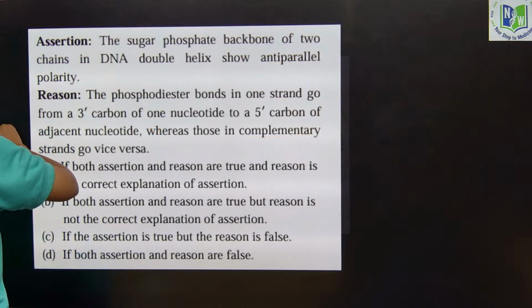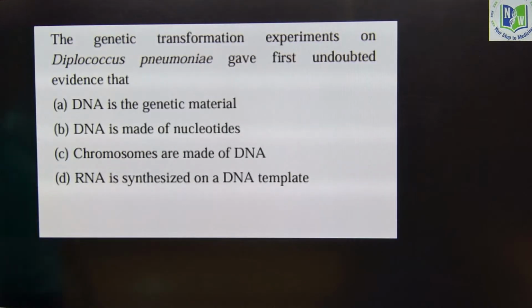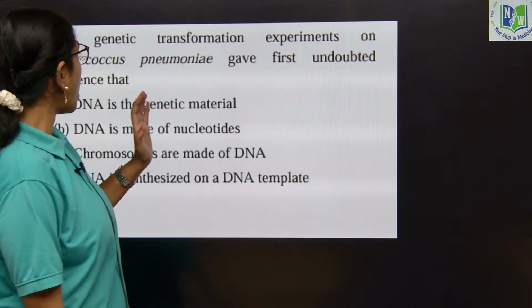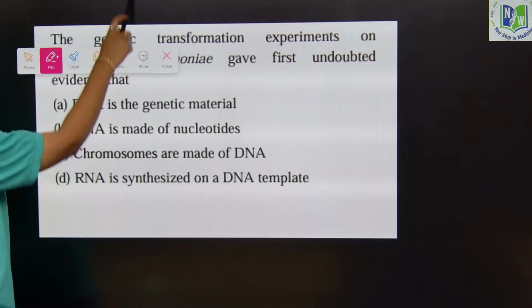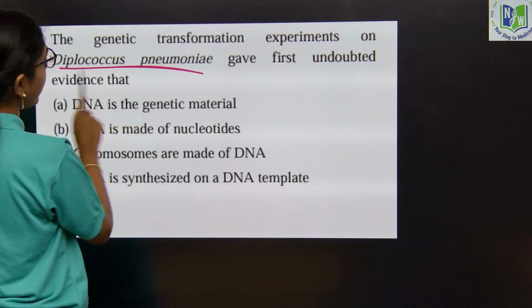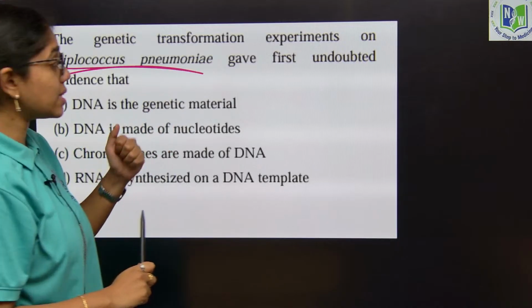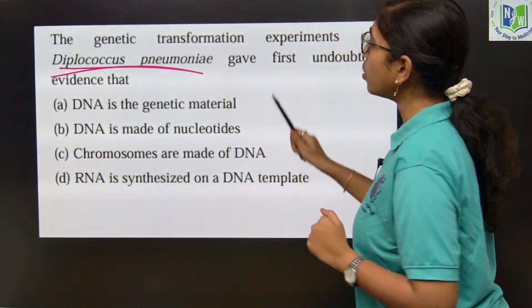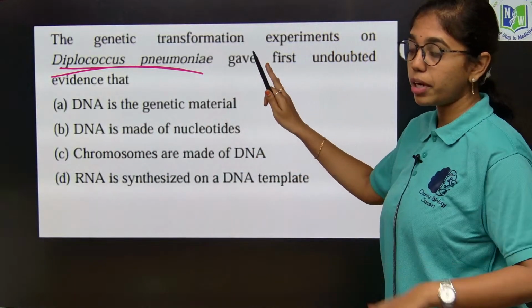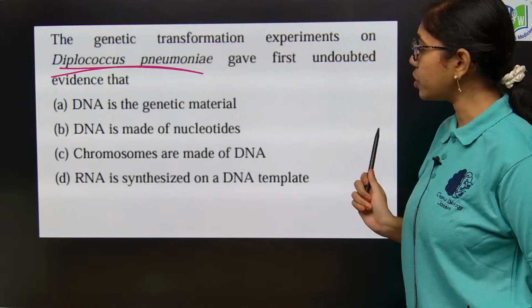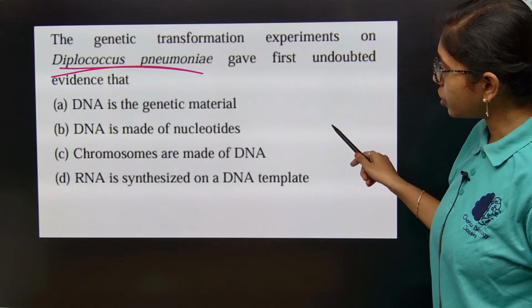Next question. The genetic transformation experiments on Diplococcus pneumoniae gave the first undoubted evidence of what? From Griffith's experiment, the transformation principle, DNA is the genetic material.